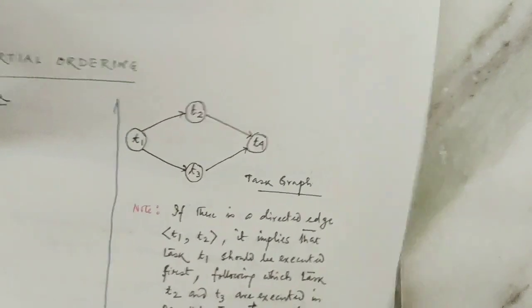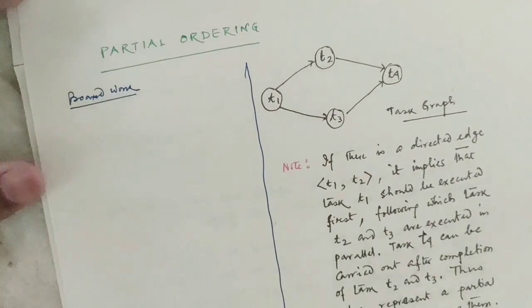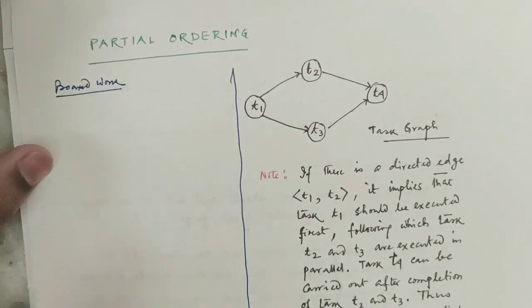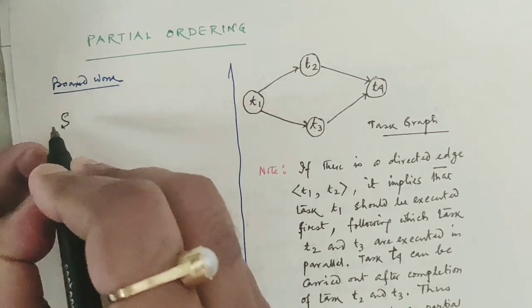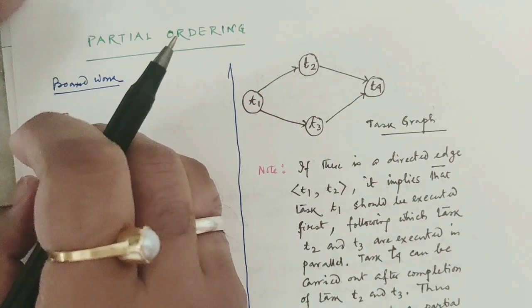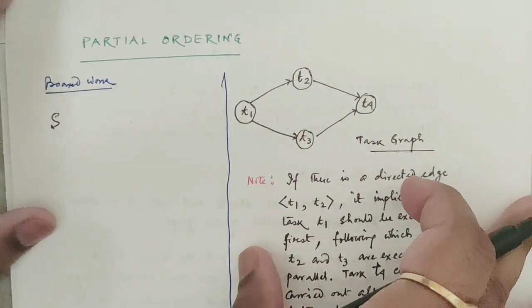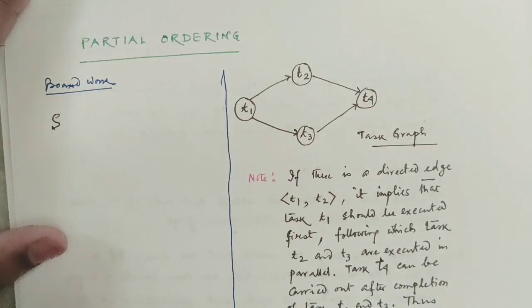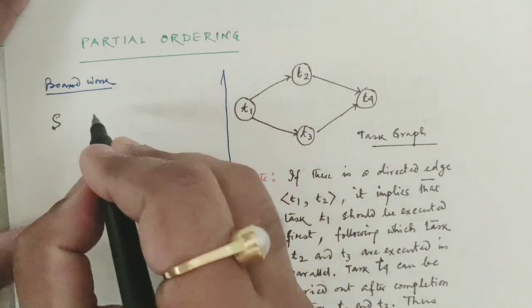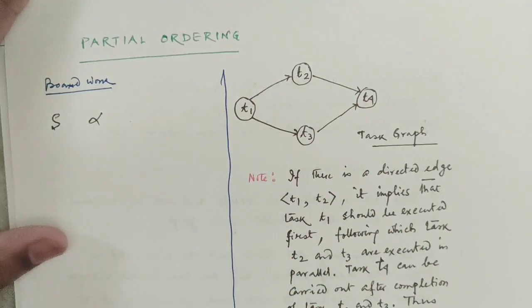And suppose S be a set. So let us go for some board work. Suppose S is a set of tasks. Fine. And let this one be a relation among the tasks.